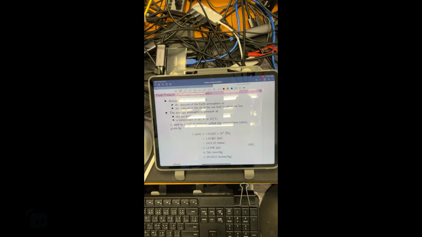This value is equivalent to 1.01325 bar, and in millibar, you know milli is 10 to the power of -3, so it's a smaller scale, 1013.25 millibar.